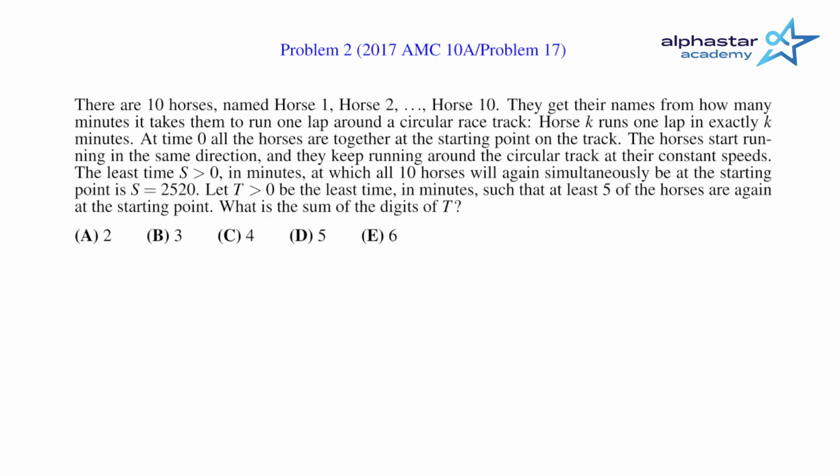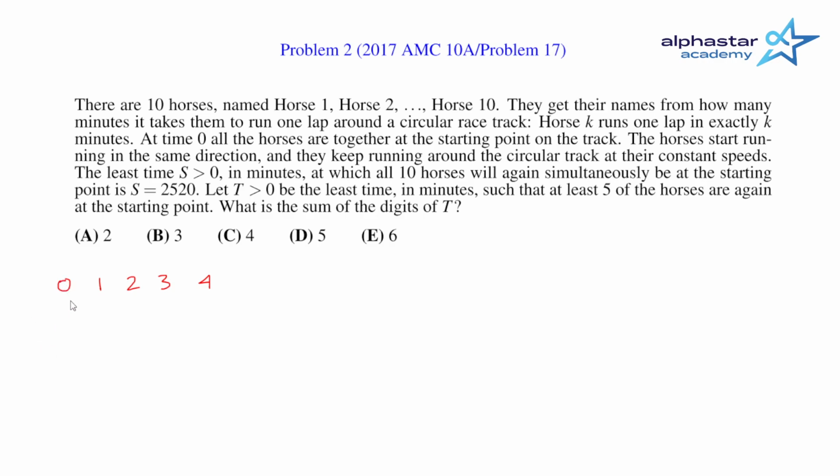If we can just draw some examples, maybe we can get an idea. In this case, let's consider which horses are at each time step. So, for example, where are they at time 0? Which horses are at the starting point?